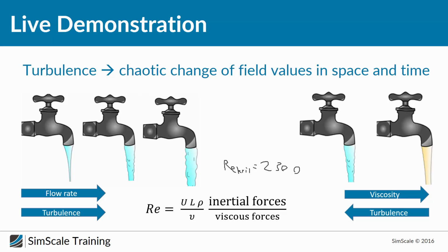I hope everybody now got a basic idea of what turbulence is. To put it in a nutshell, turbulence is a chaotic change of field values in space and time, and we can decide if a flow is turbulent or not by using the Reynolds number, which represents the ratio of inertial and viscous forces.